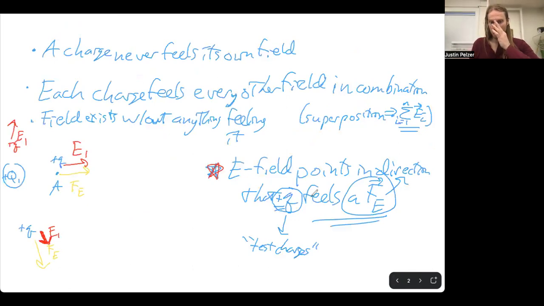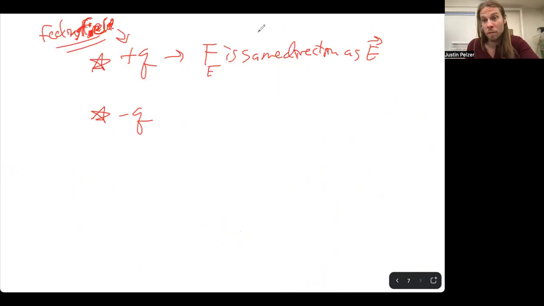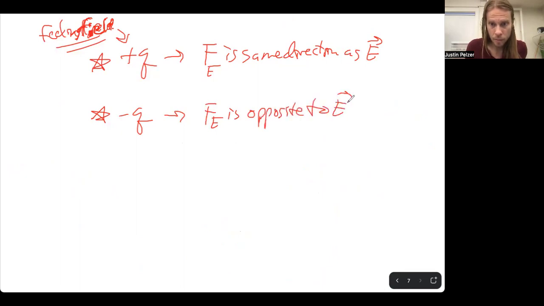That electric field points in the direction of positive charge force. So that's by definition. That's literally how this was defined when it was first created as a model by the people who worked on these. I'll throw out some names: Coulomb, Maxwell, Faraday. Negative charge, Fe is opposite to E. So negative charges just go the opposite direction.